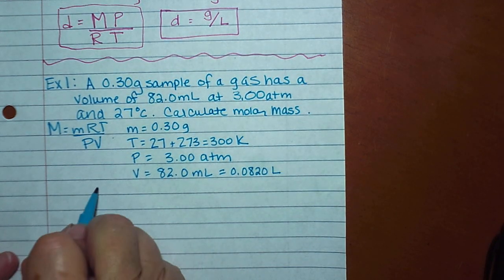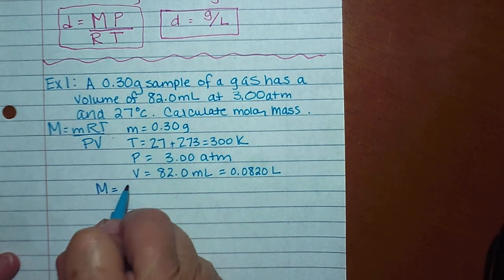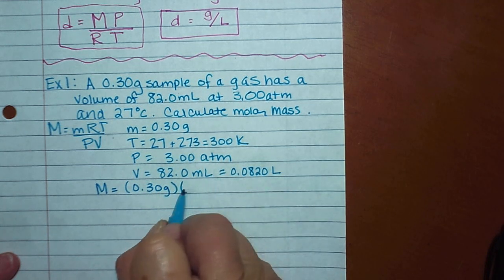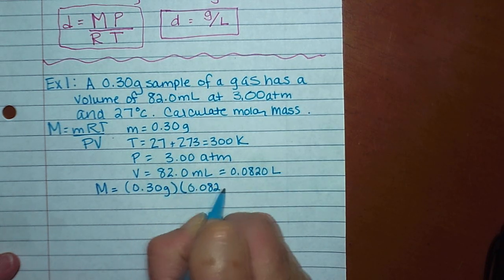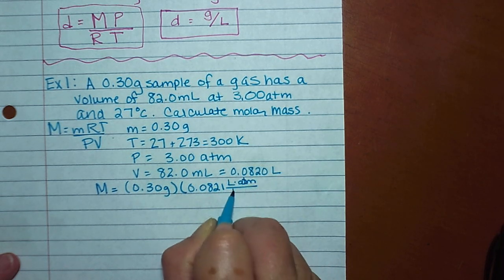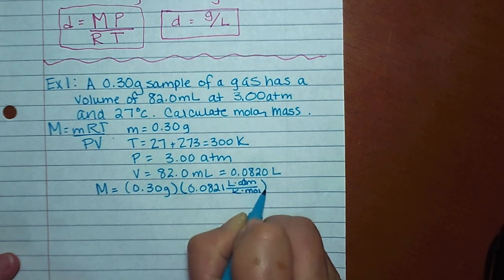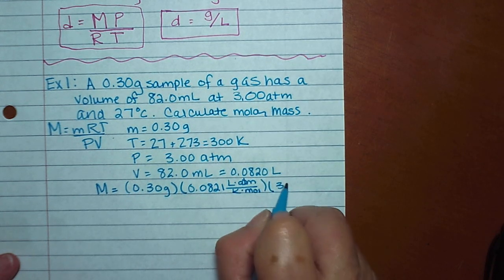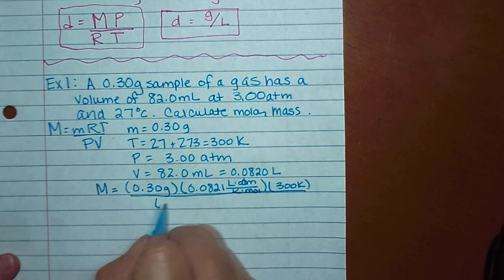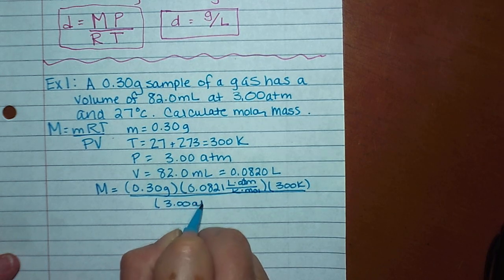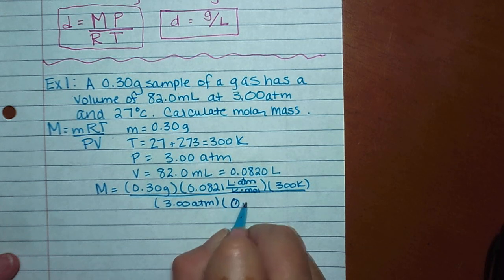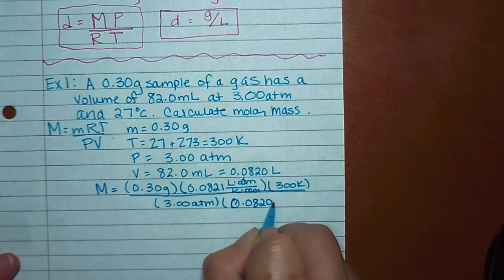All right, so here we go. My molar mass is equal to 0.30 grams times 0.0821, Latham riding a camel, times 300 Kelvin, all over my pressure, which is 3 atm, times my volume, 0.0820 liters.